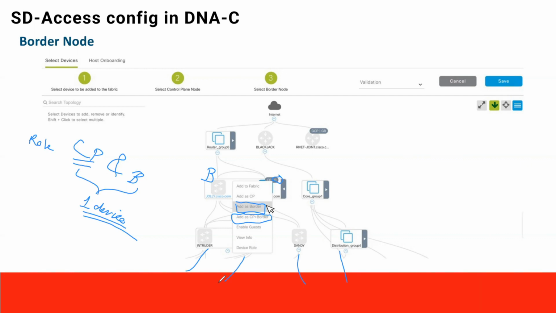Now again, it depends on the utilization, number of users, and number of endpoints which are active on the network. This will be decided in the network design part, whether to assign a single device both the roles, or keep everything separate, or have the internal and external border as one device and the control plane as another device.